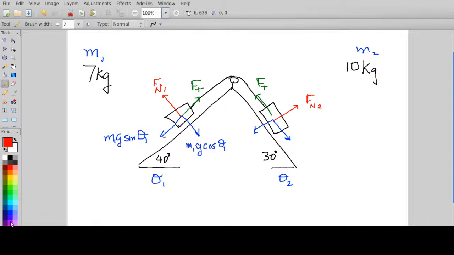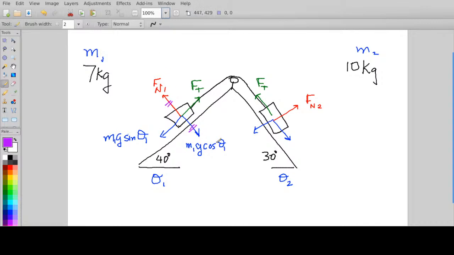Before I do that though, I'm going to notice that when there's no friction here, okay, there are no other frictional forces, you really don't need this component and that component, or the perpendicular component and the normal force. Why? Well, because they cancel, okay?